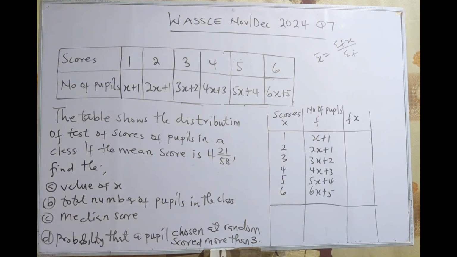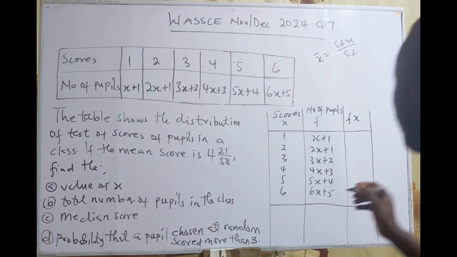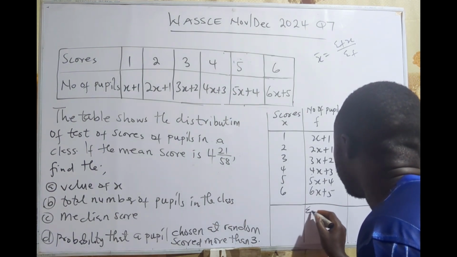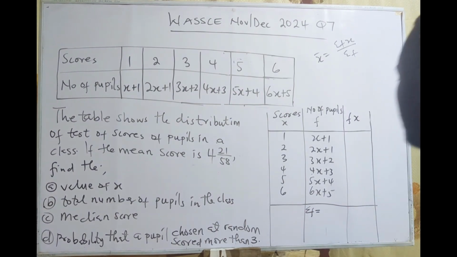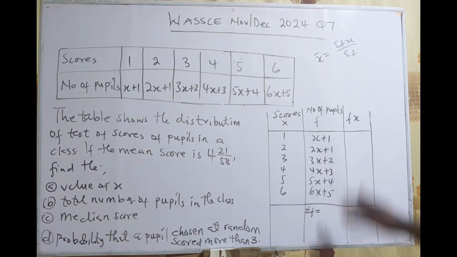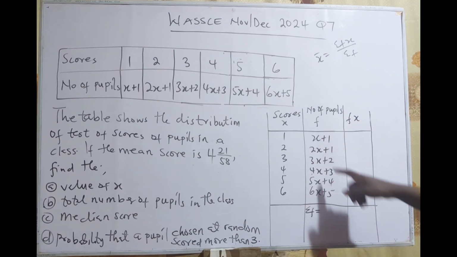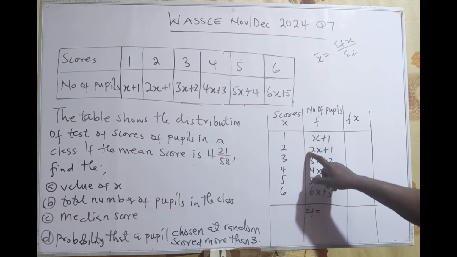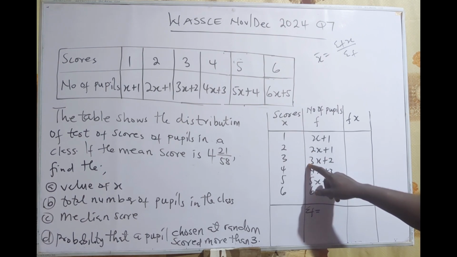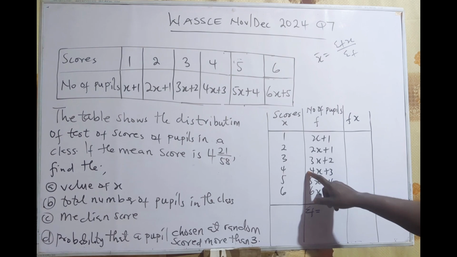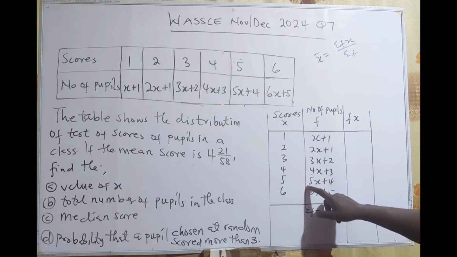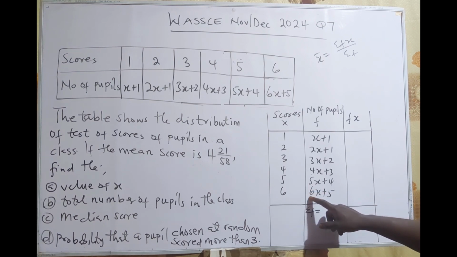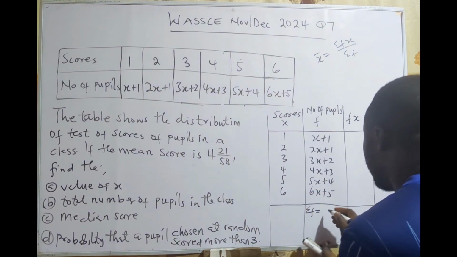Now what we have to do is find the total frequency, which is our sigma f. So we are going to add everything, adding the like terms. s plus 2s gives me 3s, plus 3s, that is 6s, plus 4s, that is 10s, plus 5s, that is 15s, plus 6s, that is 21s.